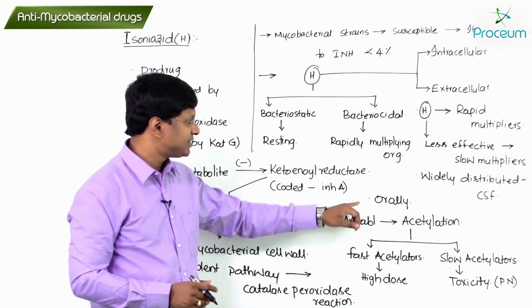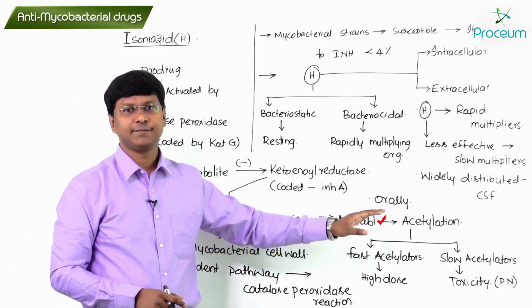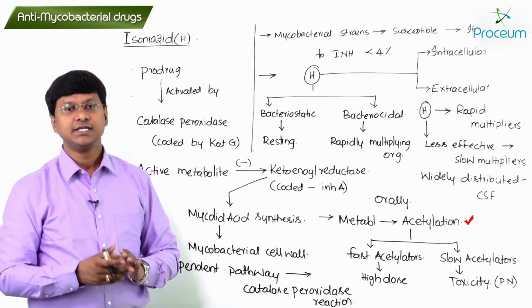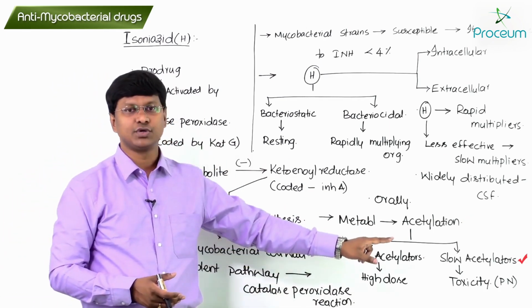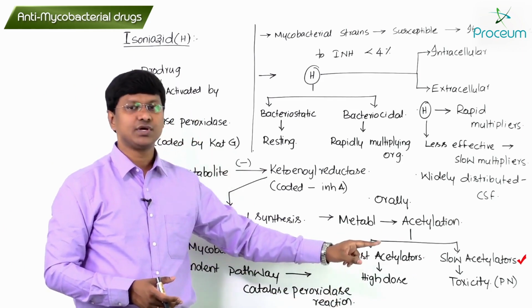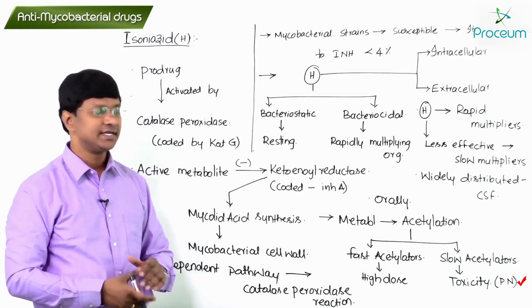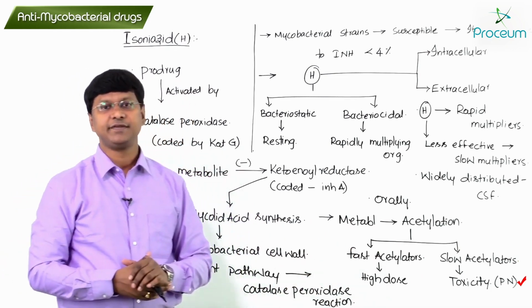The route of administration is oral, and it is metabolized by acetylation. We have fast acetylators and slow acetylators. Fast acetylators require a high dose, whereas slow acetylators are predisposed to the toxicity of isoniazid, particularly peripheral neuritis.